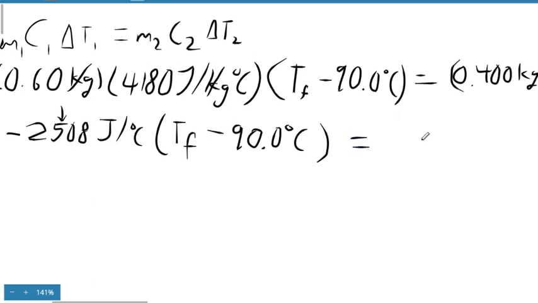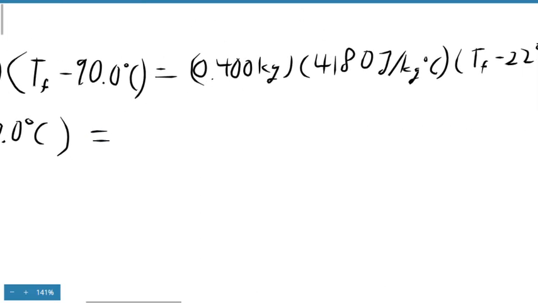And we make it equal to the other side. Do the same thing. 0.4 times 4180 equals 1672. And the same unit as last time: kilograms cancel out, so it's joules per degree Celsius.